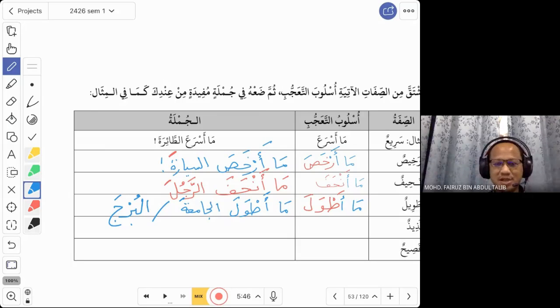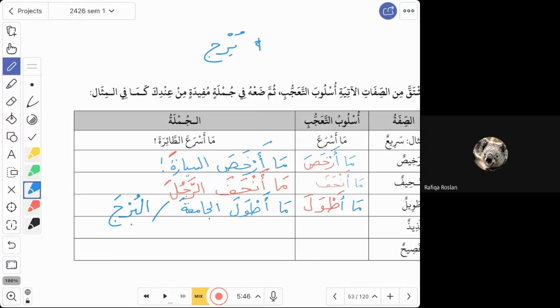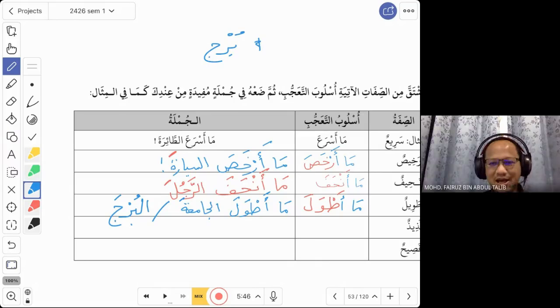For example, here in KL we have Al-Burj, the KLCC tower, Burj Petronas. So you call it Burj. This is a new word for you today. So you say Burju At-Tau'amaini, the twin tower.